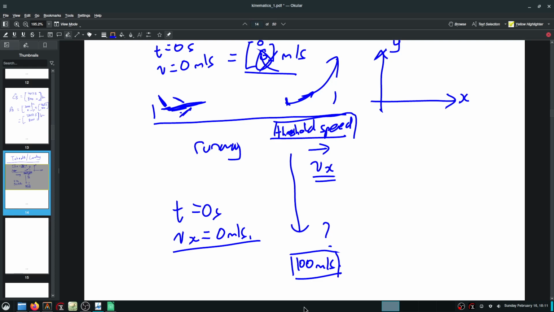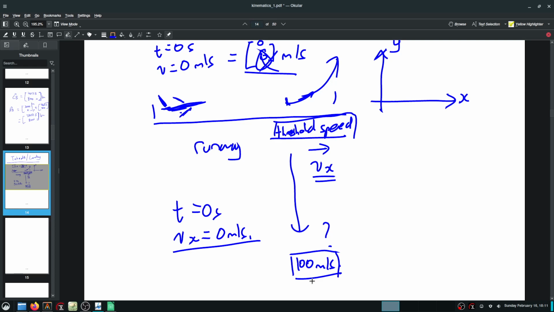Even the wind direction, the wind that's blowing across the runway, will affect this threshold speed, because that will affect how much lift you are actually generating with your plane wings. Now, for simplicity's sake, I'm not going to think about all these complicated things. Let's just talk about a still, dry day, and then you want to reach 100 meters per second on the plane before it takes off on the runway.